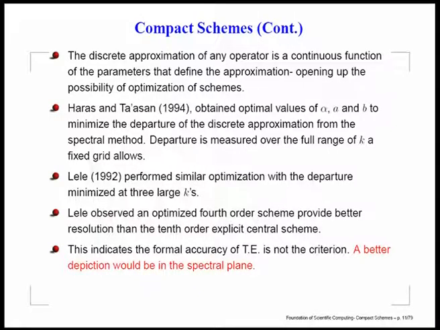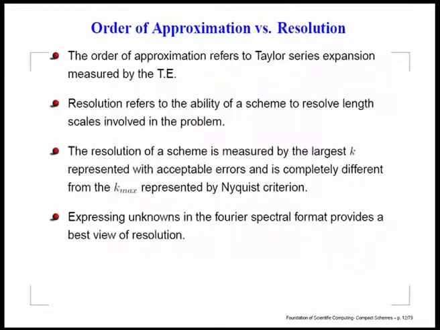For example, a fourth order scheme that Lele obtained was outperforming a 10th order explicit scheme. So, basically that made us observe that we really should not be bothered too much about looking at the truncation error. Instead, we should try to find out in the k space what is happening to the error. That is the whole rule of this game.